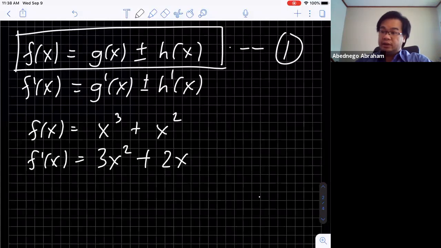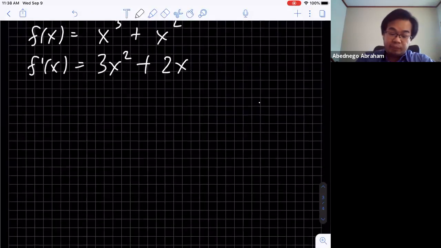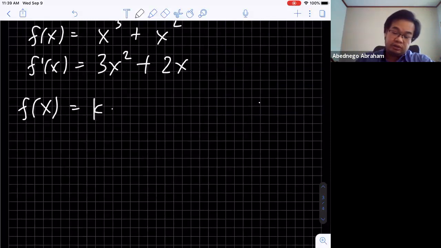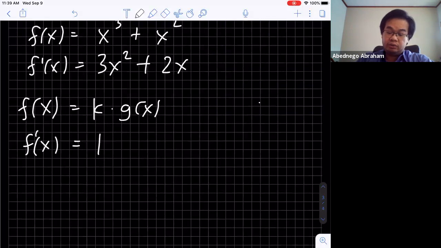Okay, and then the second property is the derivative of a constant times a function, so the constant is a coefficient of the other function. The derivative of this one, f prime of x, is equal to the coefficient multiplied by the derivative of the function.